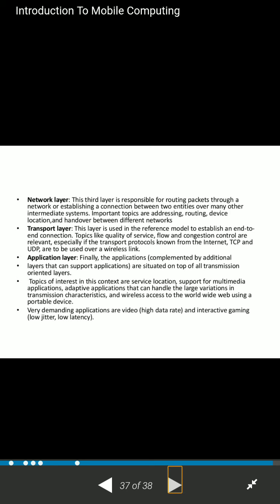It is providing quality of service, and flow and congestion control are relevant. Why are we learning the transport layer? Transport protocols known from the internet. What are the transport protocols? TCP and UDP are to be used over a wireless link.